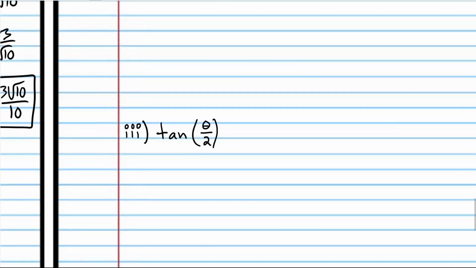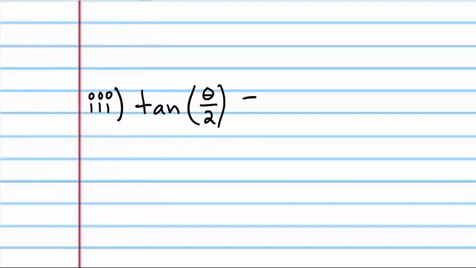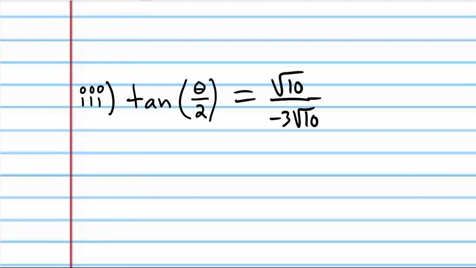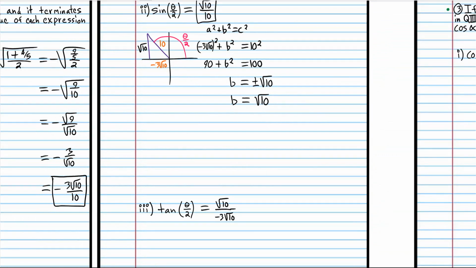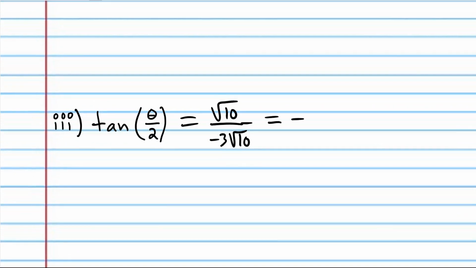So we can use this triangle up here. Tangent theta over 2 is just the opposite side over the adjacent. So root 10 over -3 root 10. And the root 10s are going to cancel out, so we're left with -1/3. And there you go.